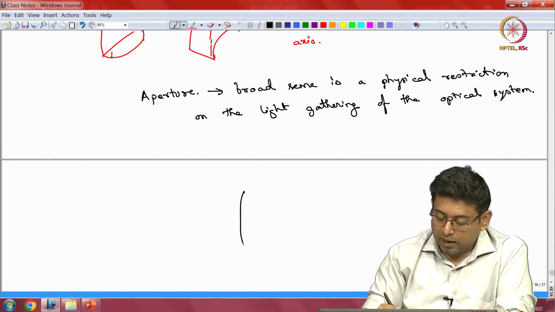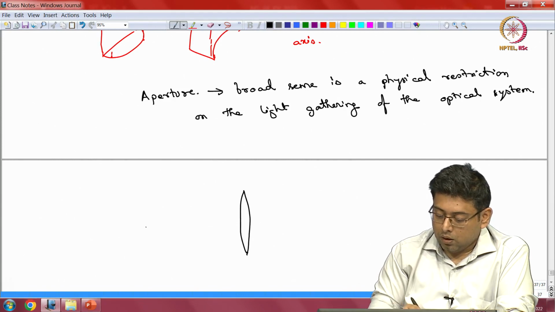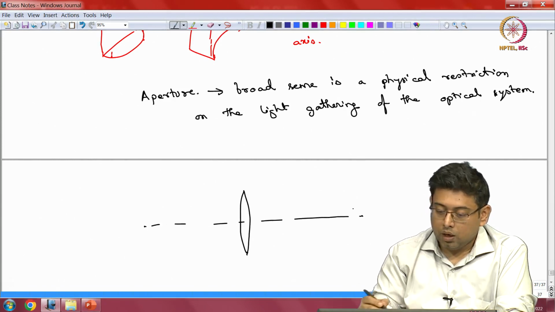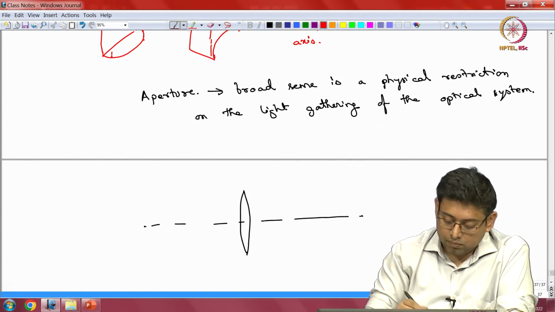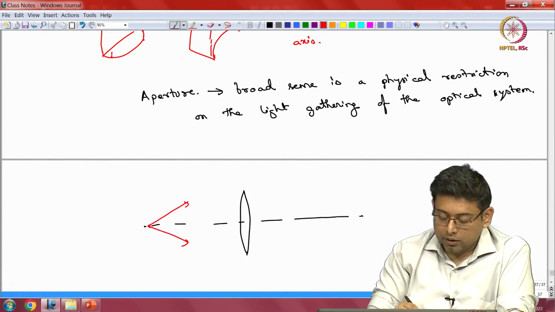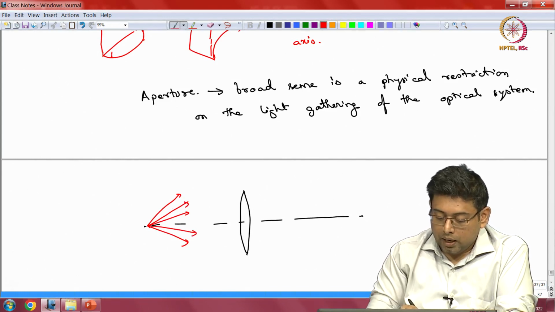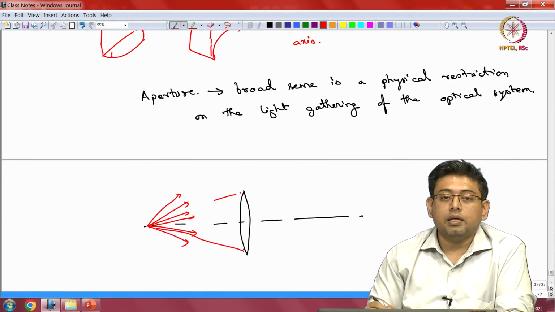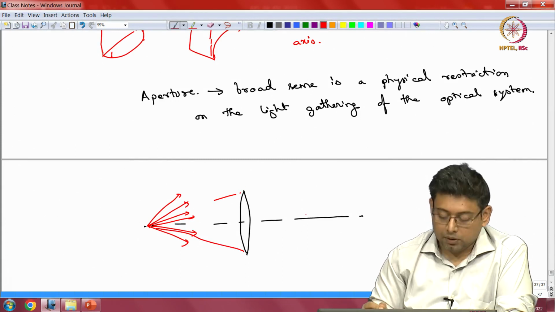So, for example, if you have a lens, let us say, and you have an object here that is sending out light rays in every possible direction, then in the regular case this light would be intercepted by this lens and then it is going to form an image.